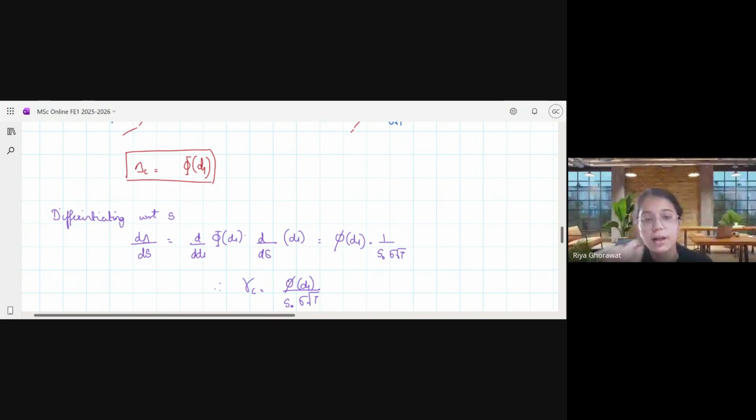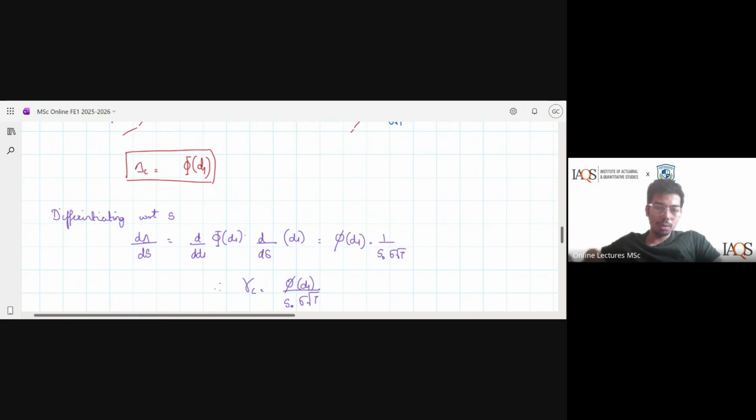So how do we use phi inverse? If you go in your table book, one table is, let me show. Tables for standard normal. So phi inverse also you'll ideally have to interpolate.